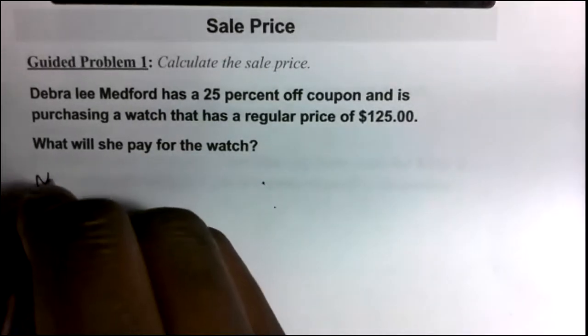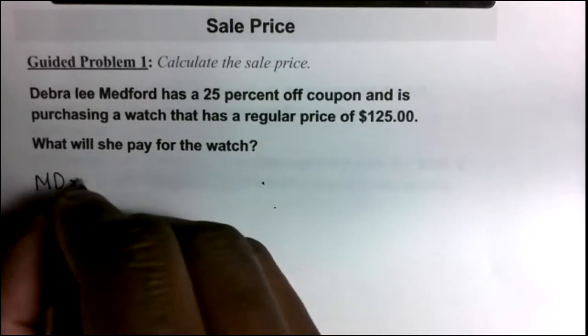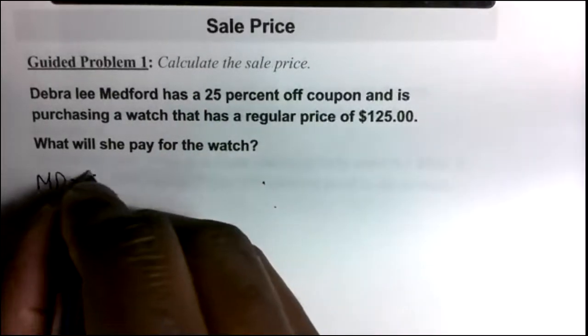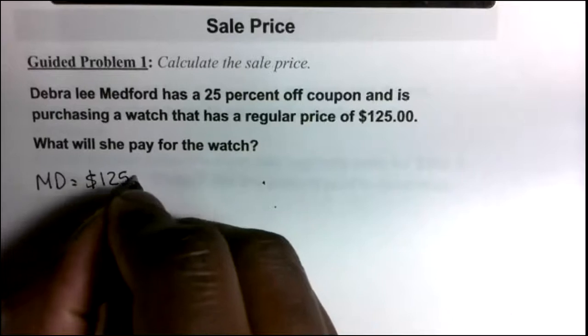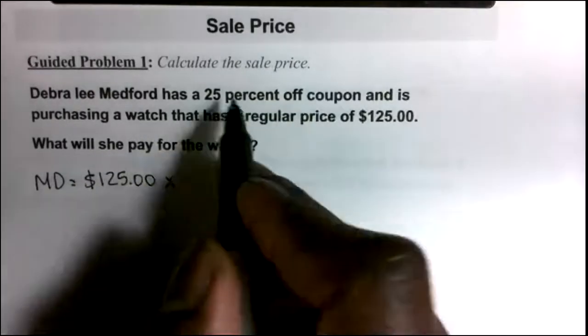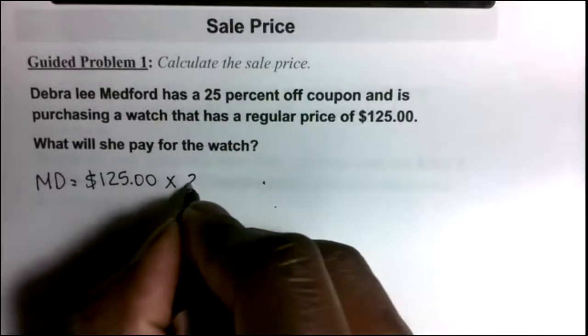To find my markdown, I use my regular selling price, which is $125, times the markdown rate, which is 25%.